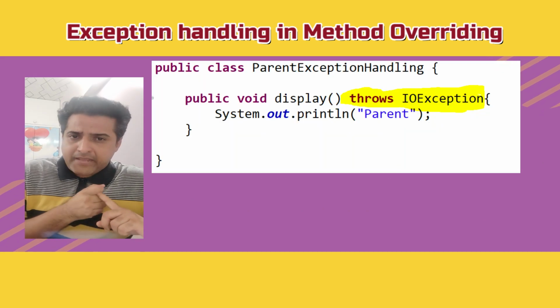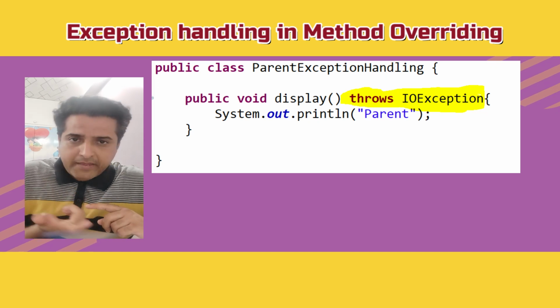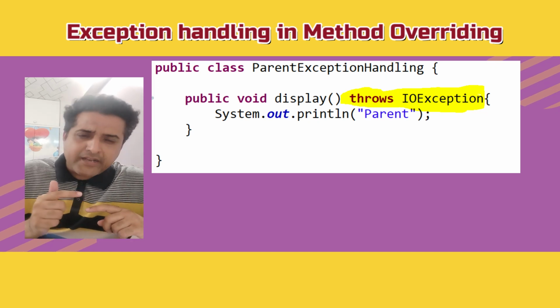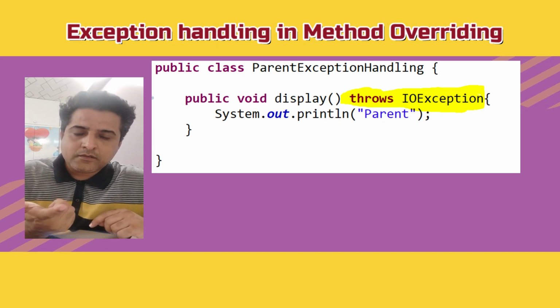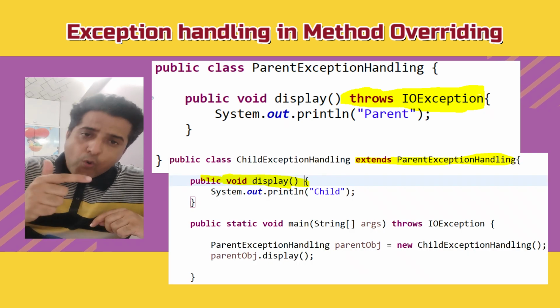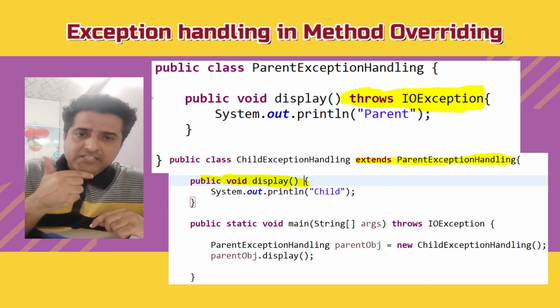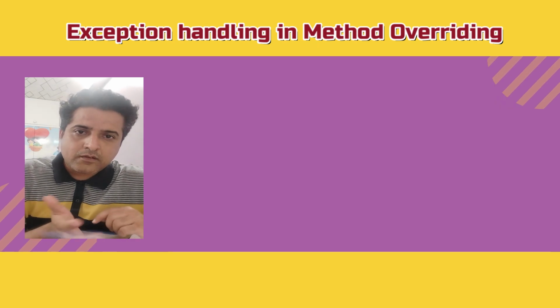I have a parent class, and the parent class has a method that throws an exception. It is not necessary for the overridden method defined in the child class to throw that exception.